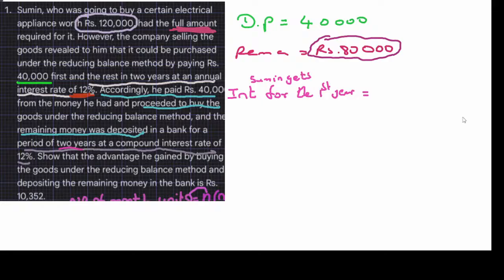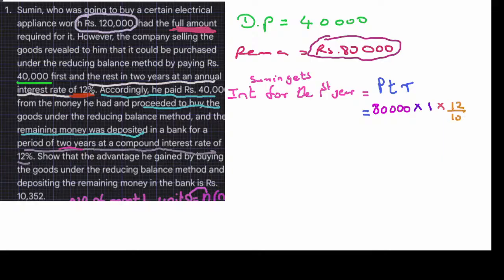So what's the formula? PTR, principal times time times the interest rate. What's the principal? How much is he depositing in the fixed deposit? 80,000. So that's P. And what's the time? We are calculating the interest for the first year. It's just 1 year. Times, what's the interest rate? That's 12%. The bank is paying an interest of 12%. So 12 over 100.